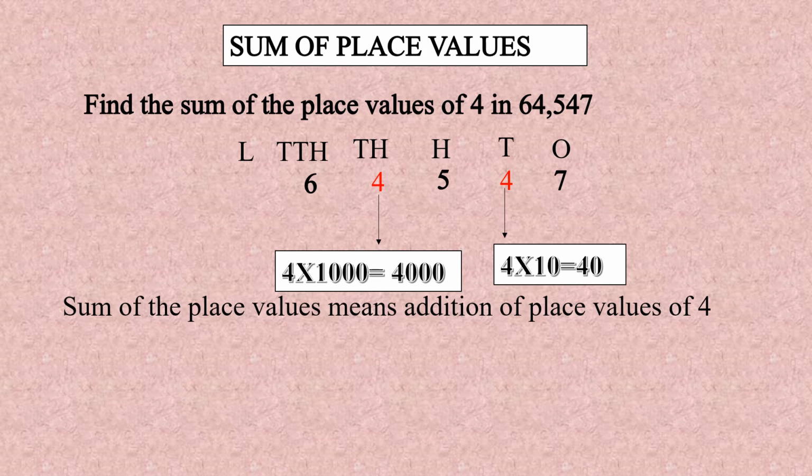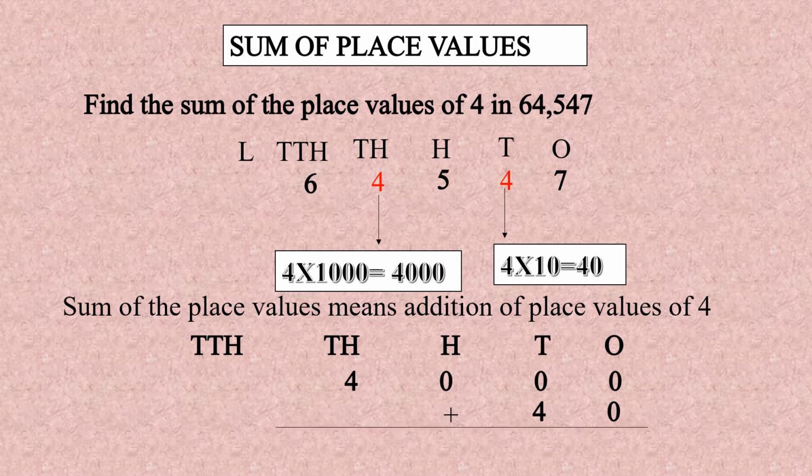Sum of the place values means addition of place values of 4. Children, always write the place value chart while adding or subtracting. Then start arranging the number in the place value chart from right. First number is 4000, then second is 40, and then we need to add.